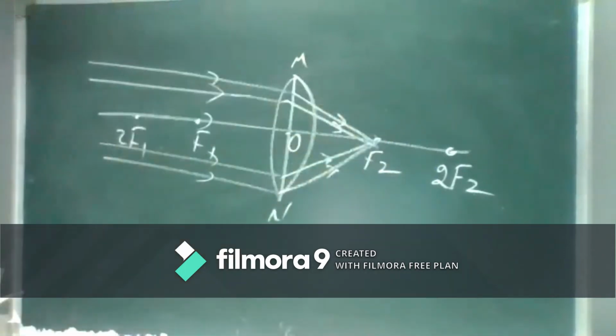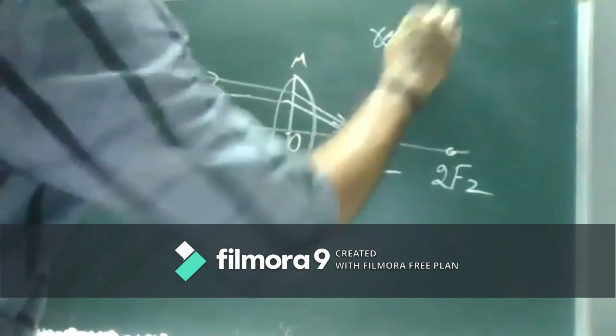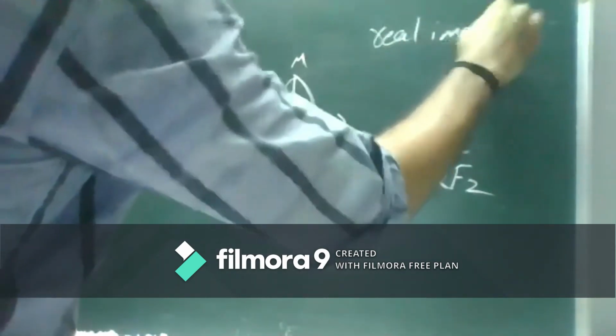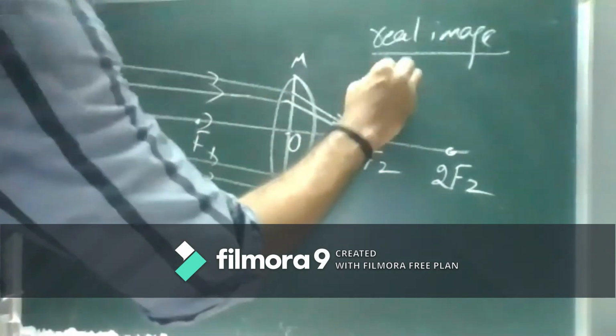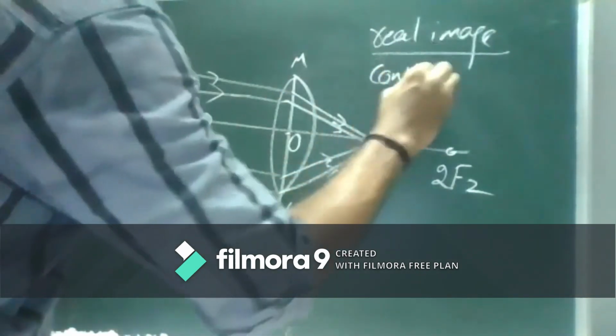When they meet at the focus, it is your real image, as we already discussed. These are converging rays.